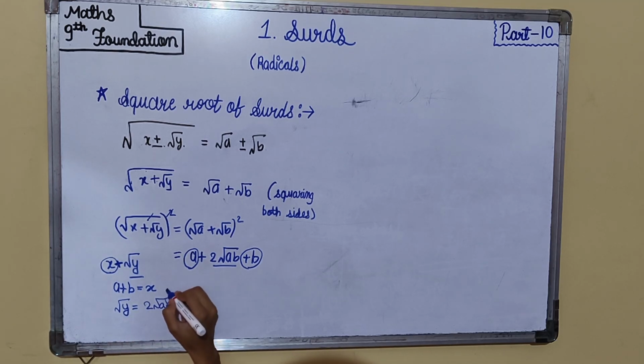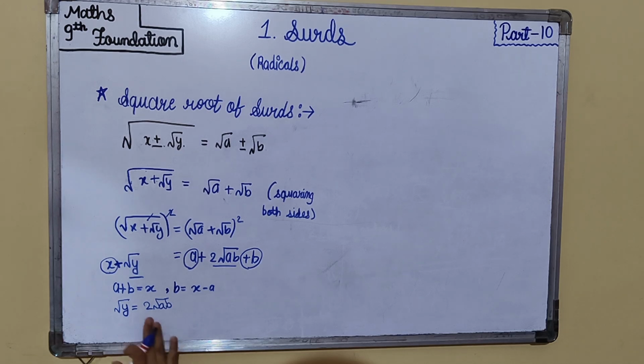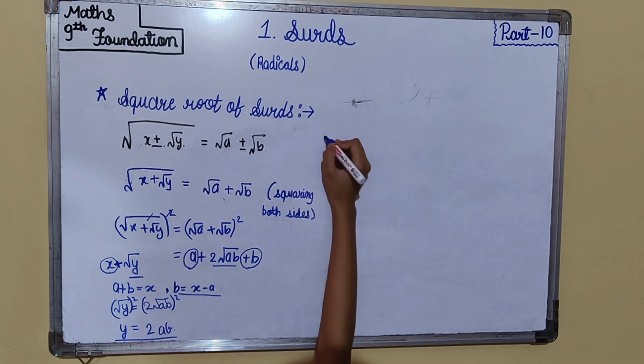Now from here we'll get the value of b, that is x minus a, and we'll get the value of root y. Just we have to square both sides because they are irrational. So we'll get y is equal to 2ab. Like this. These are the main values.